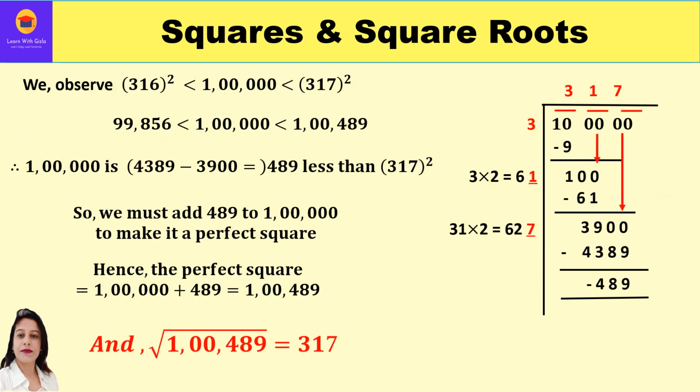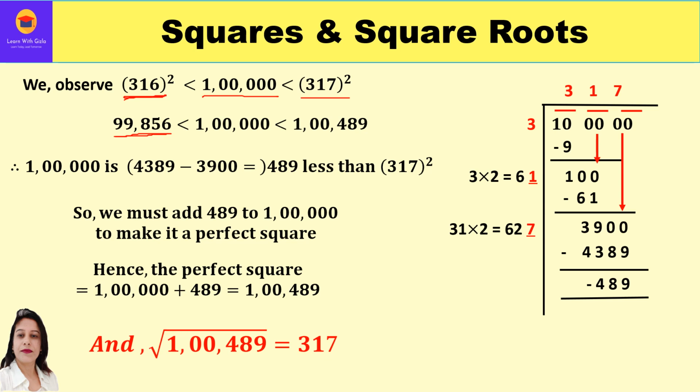Now from previous calculations, it is clear that 1 lakh lies between 316 square and 317 square. We have already done the long division where we got the quotient 316 and the remainder was 144. But we cannot subtract the remainder because we will get a 5-digit perfect square number and we want a 6-digit perfect square number.